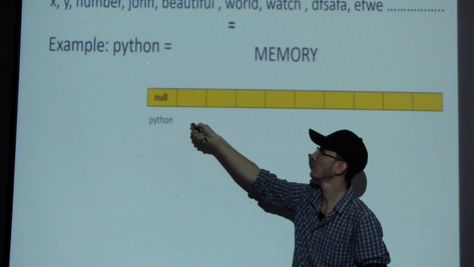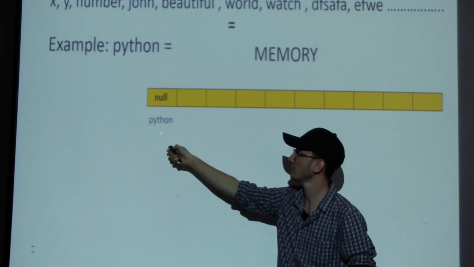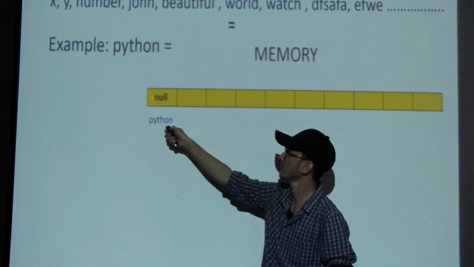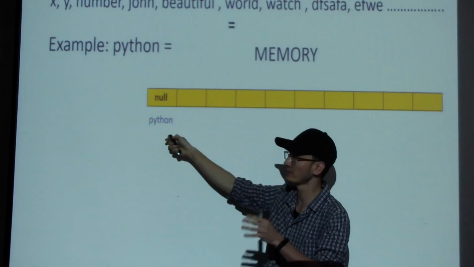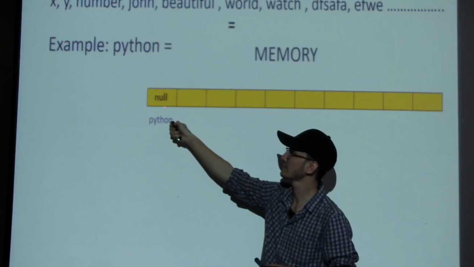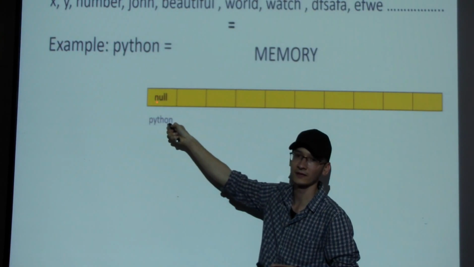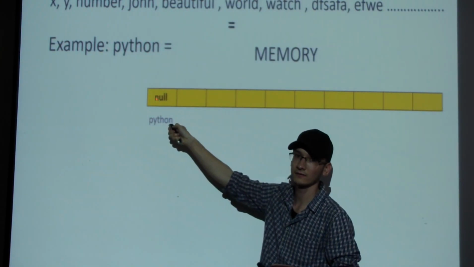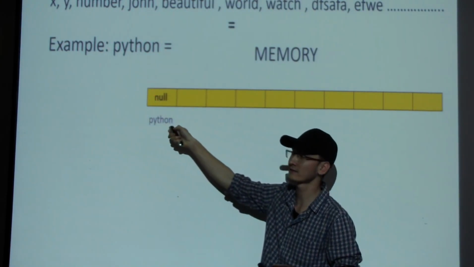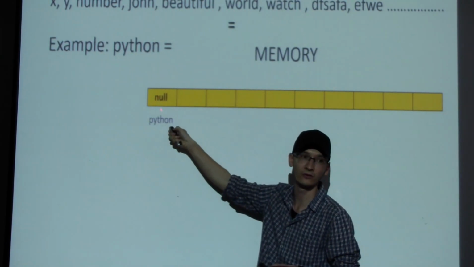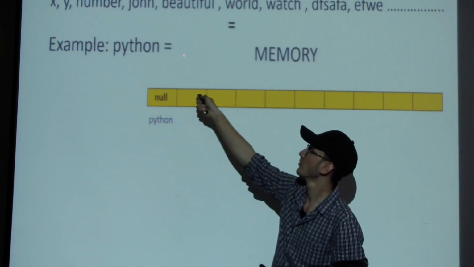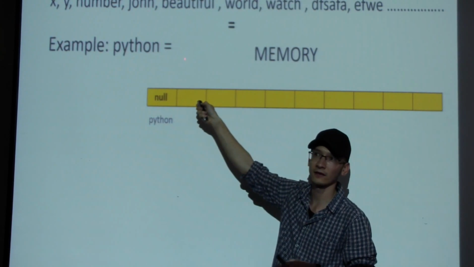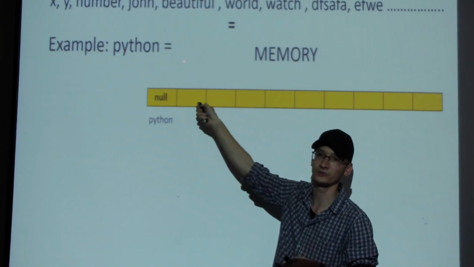For example, I wrote Python. Some particular place will be allocated, Python. But now it is null, it's empty. This is in the memory, but there isn't any value. Why? Because we haven't given any value to it.